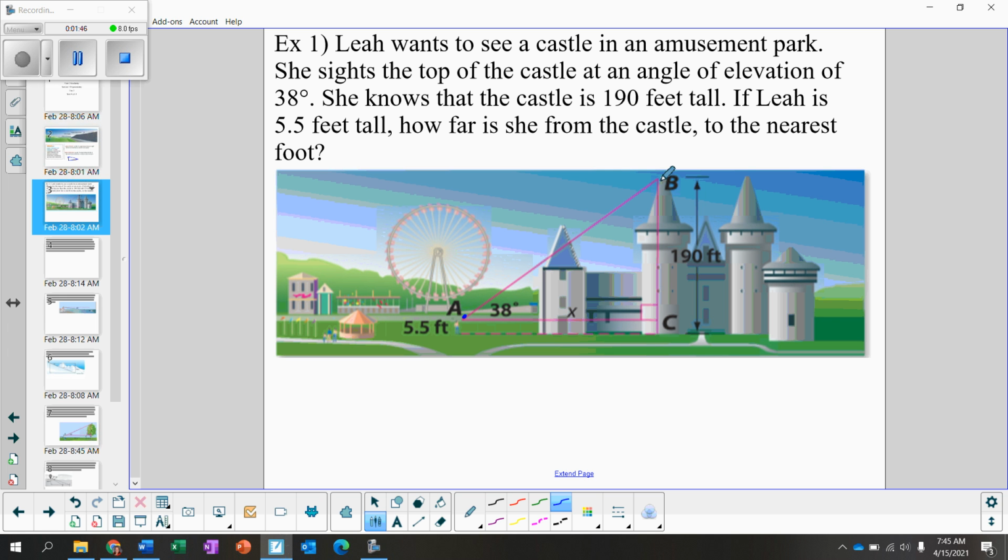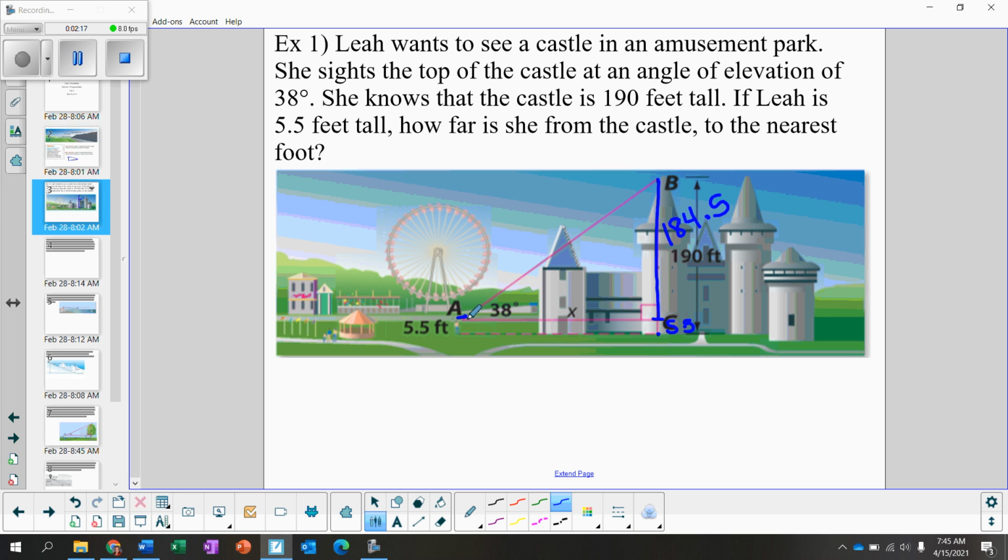They're telling us from the very top of this figure to the ground is 190, but the right triangle actually starts at her line of sight 5.5 feet above it. So that means in this triangle, it's not 190 that's this length, it's 190 minus the 5.5 feet that it's off the ground. So this side of the triangle is actually going to be 190 minus 5.5, or 184.5.